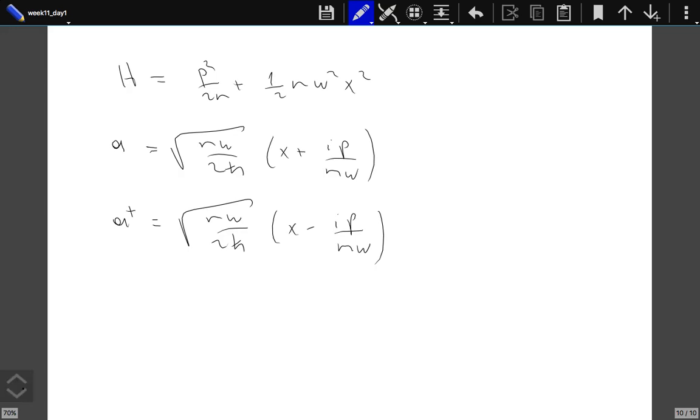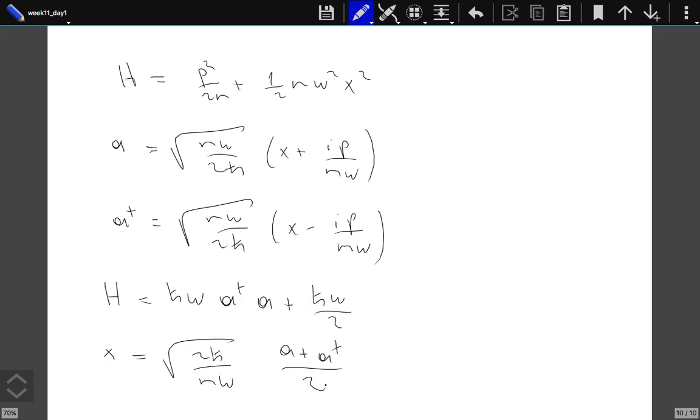The Hamiltonian was h bar omega a dagger a plus h bar omega over 2. The position operator we could write as square root of 2 h bar over m omega times a plus a dagger over 2.